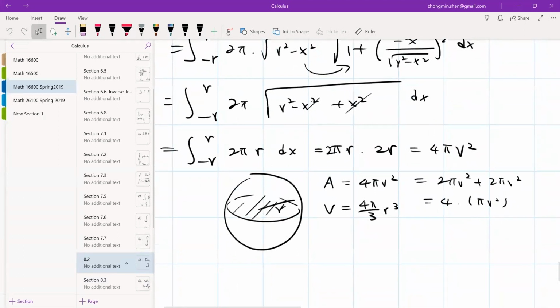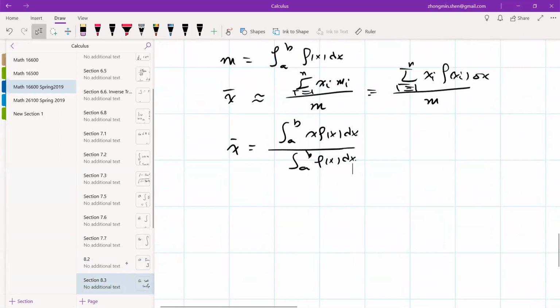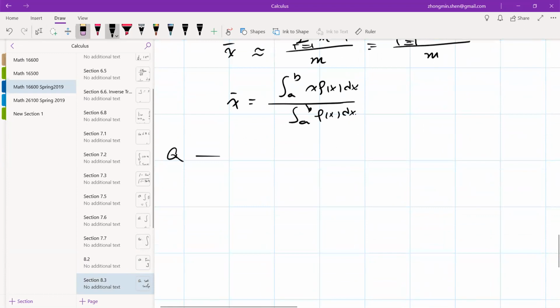They consider a slightly more general case. I think in Math 261 we can talk about more general regions.